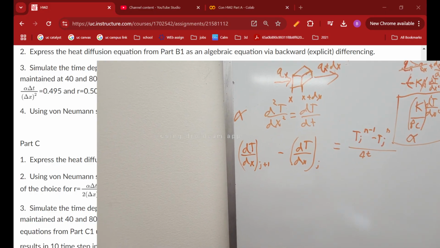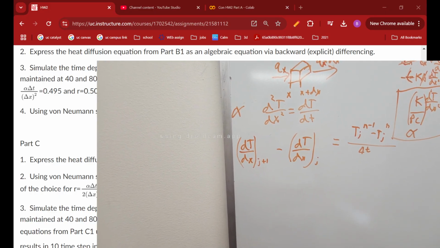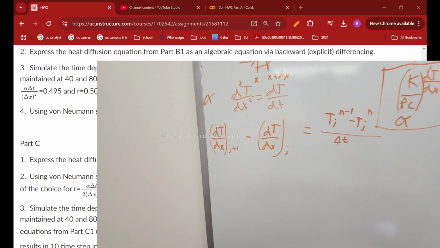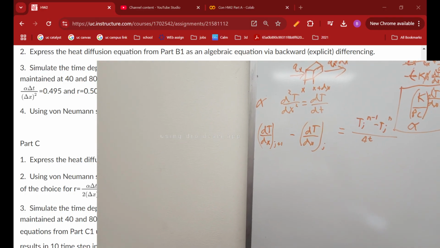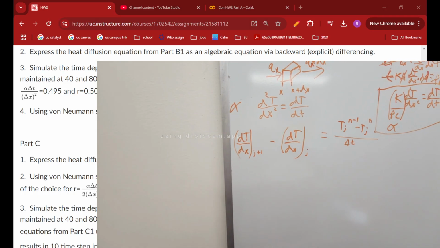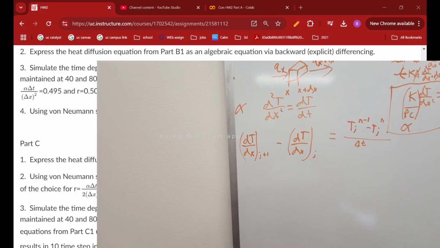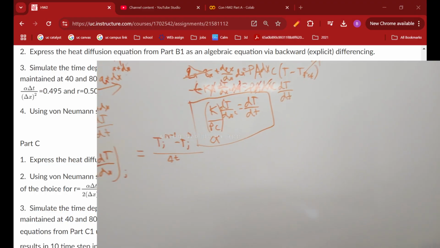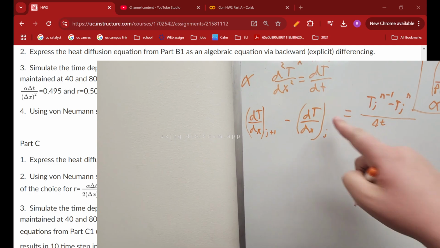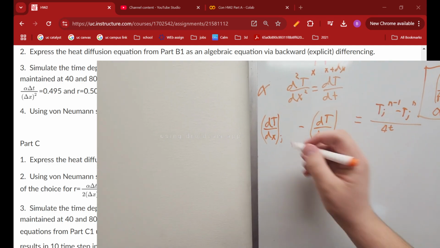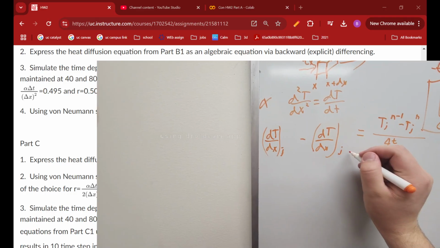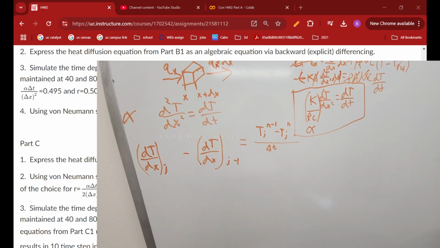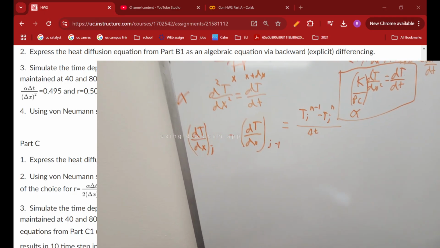I think. Wait, we're looking at which section? I'm getting myself confused. Just give me 1 second, please. Okay, I'm losing it. We're looking at J minus 1. And then they're both over dx.